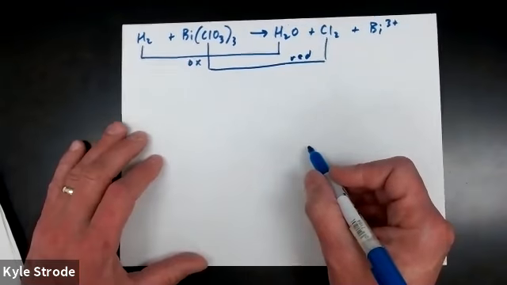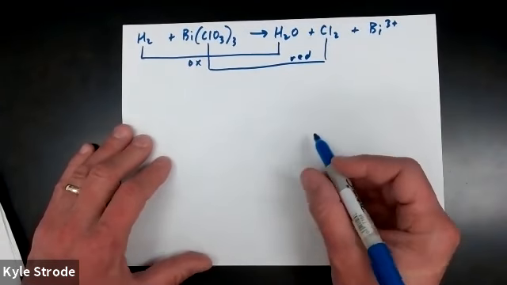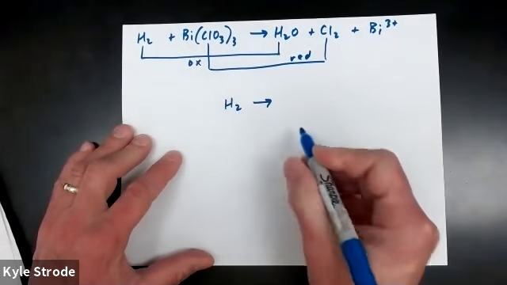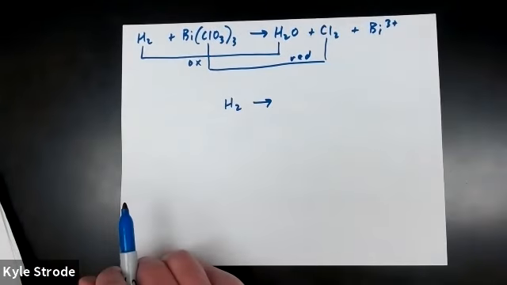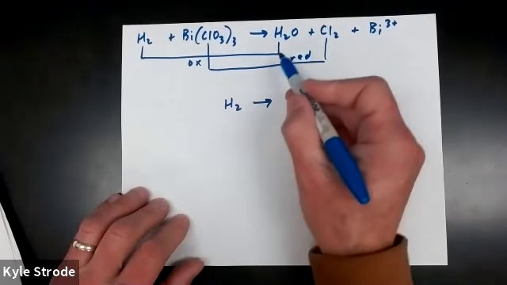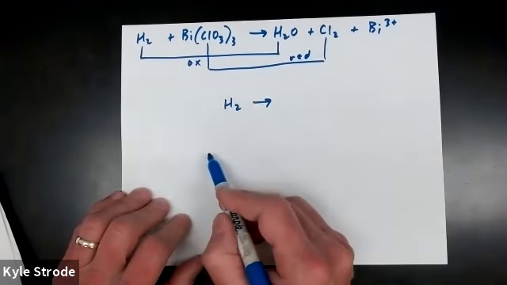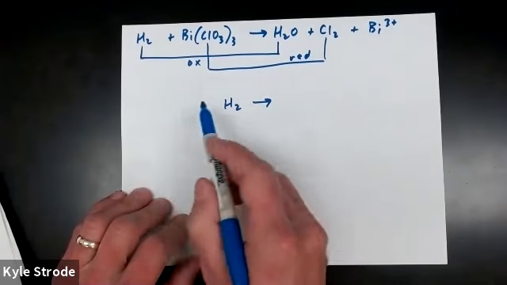So let's just do the hard one first. Let's do the hydrogen first. So H2, I'm not even going to write anything on the right because I know that we always balance H2 with H plus. And so even though it appears on the right in the form of water, I'm going to balance it with H plus. So I don't even go there.